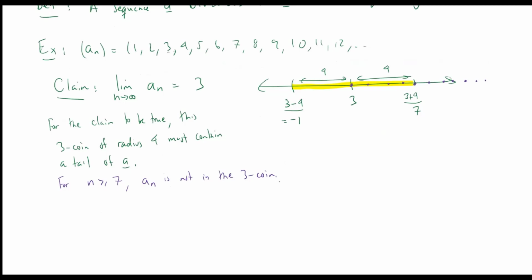So no tail, because the tail just says go make n bigger and bigger, right? Until you get it where you want it to be. Well, you're just making it worse the longer you go. No tail is contained in this 3 coin. Thus, the limit as n goes to infinity of a_n does not equal 3.